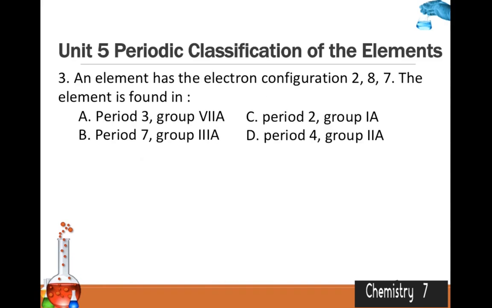An element has the electron configuration 2, 8, 7. The element is found in period 3, group 7, period 7, group 3, period 2, group 1, or period 4, group 2?